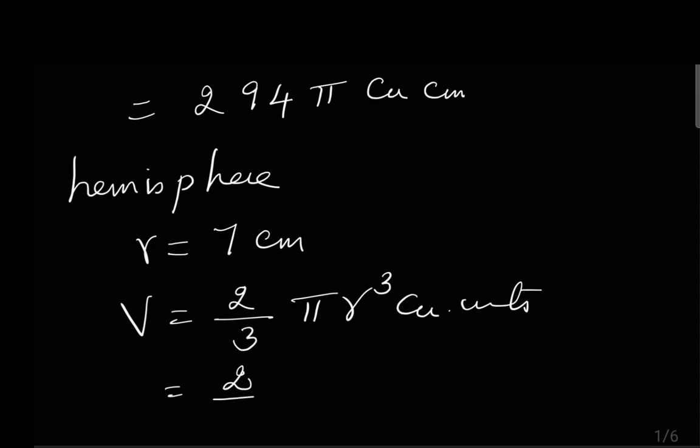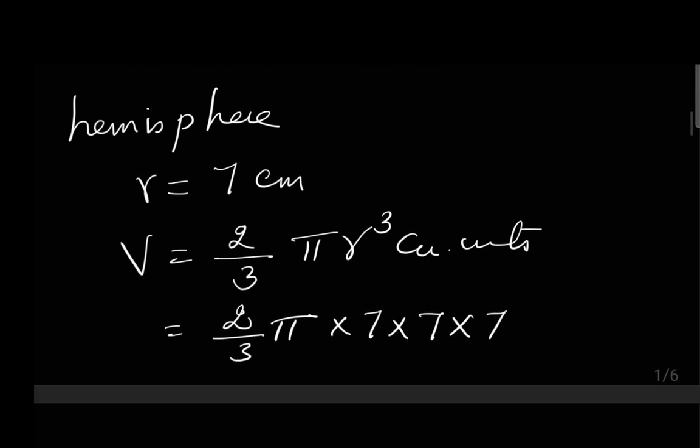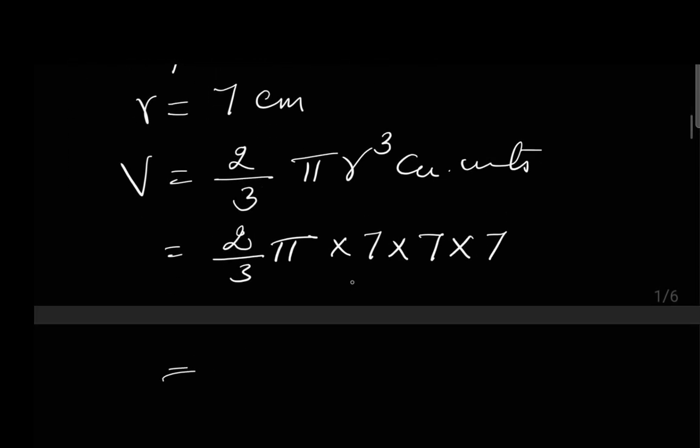So 2 by 3 pi, r is 7, 7 into 7 into 7. 7 into 7 is 49, 49 into 7 is 343. Then multiply with 2, you are getting 686 by 3 pi.